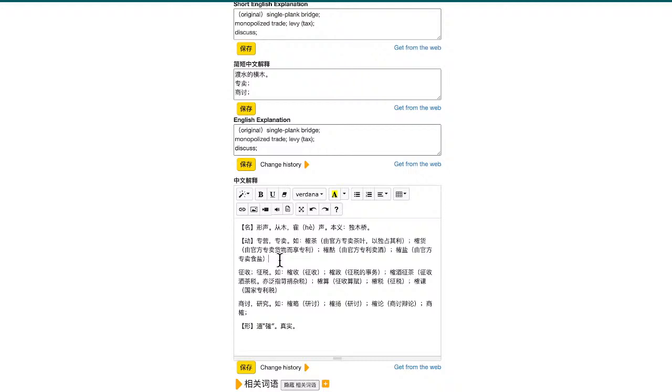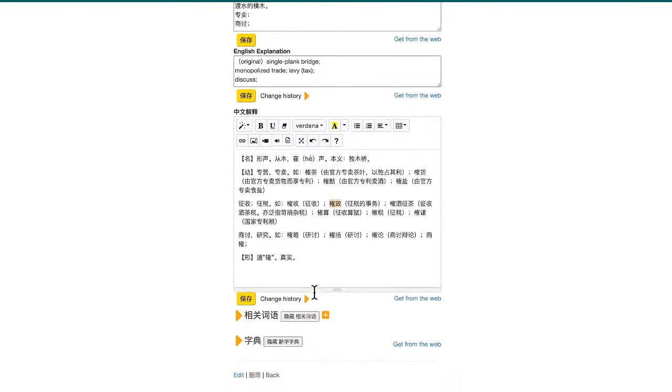Only the organization that has that privilege can operate, and nobody else can. That kind of thing is called 榷. There are words like 榷酒, 榷茶, 榷算. These things just mean operated with monopoly, so only they can operate, nobody else.